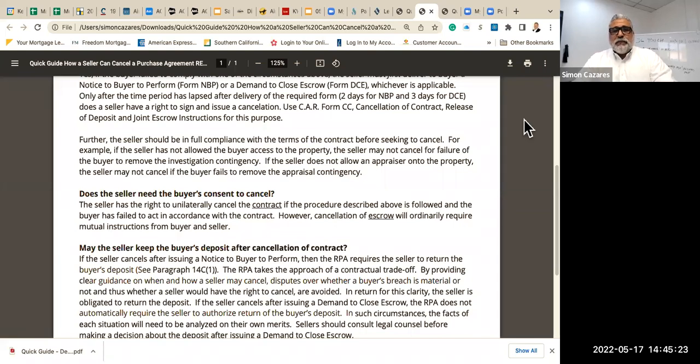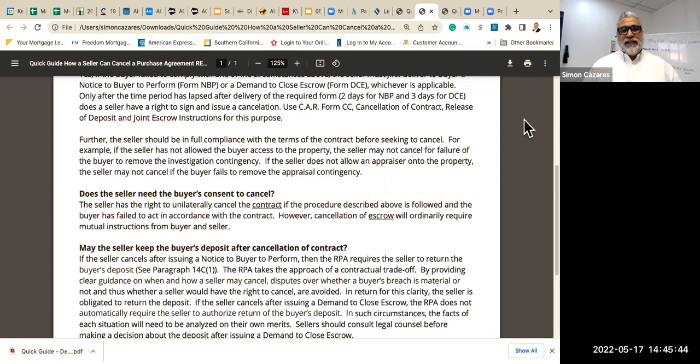It is best to allow the buyer entry to the property, to allow them to do whatever they want within the time frame. This avoids liability. This avoids lawsuits. This avoids complaints coming in, and most of the brokers get the brunt of these complaints.